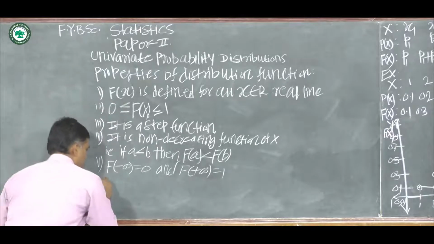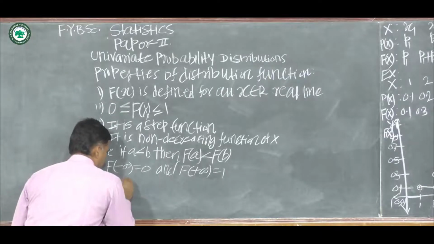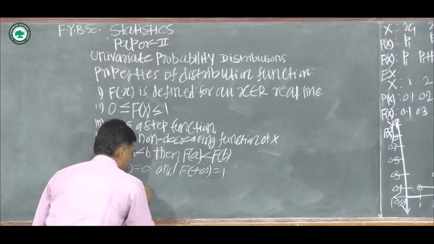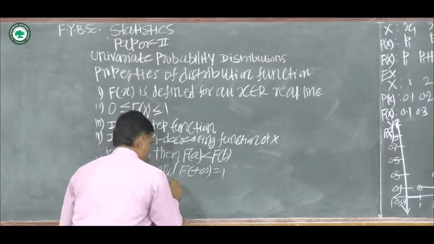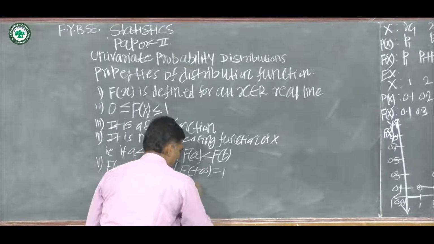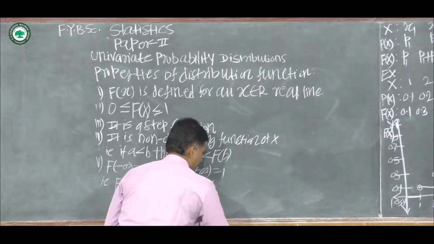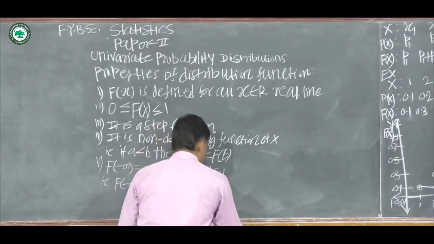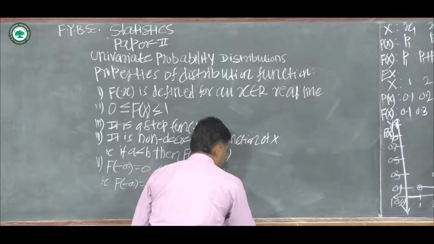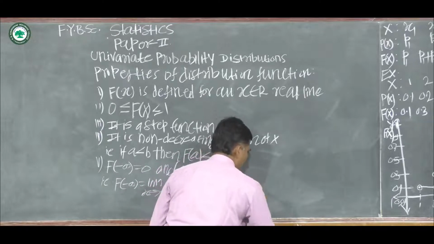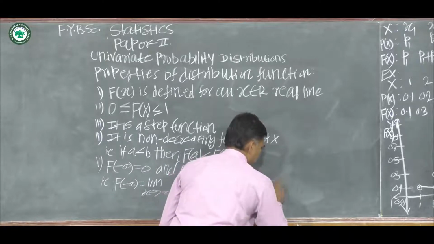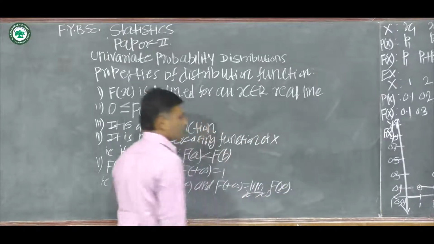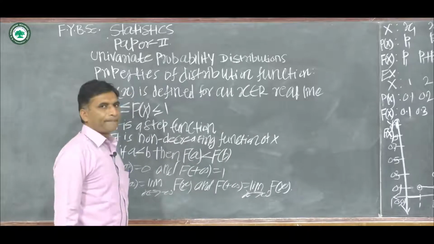That is, capital F of minus infinity is the limit as x tends to minus infinity of capital F of x, and capital F of plus infinity is the limit as x tends to infinity of capital F of x.